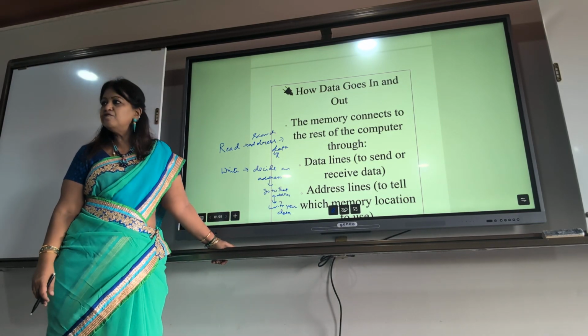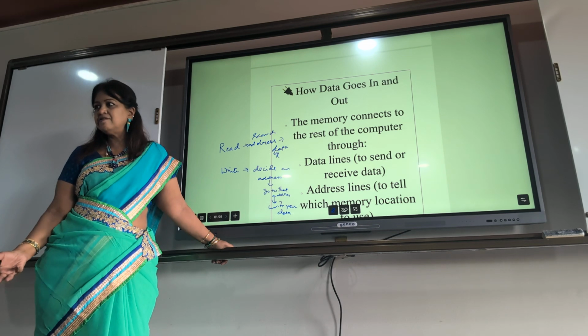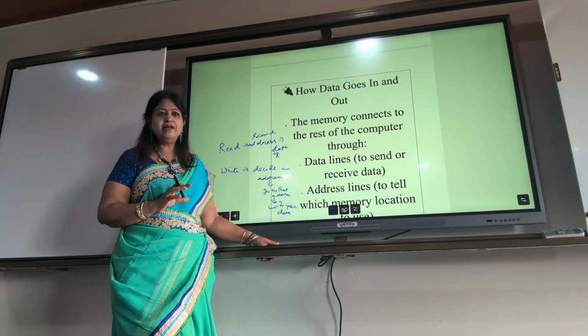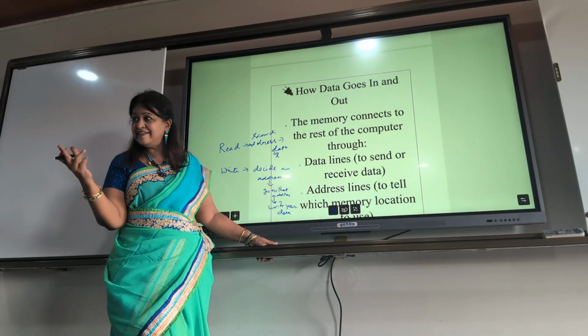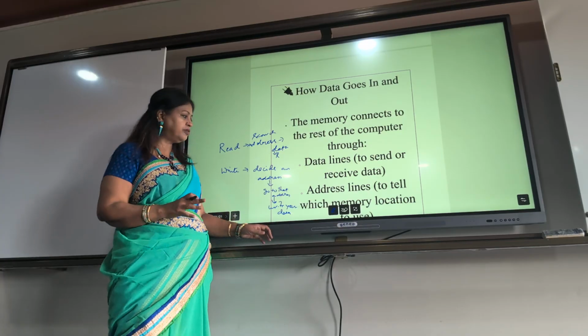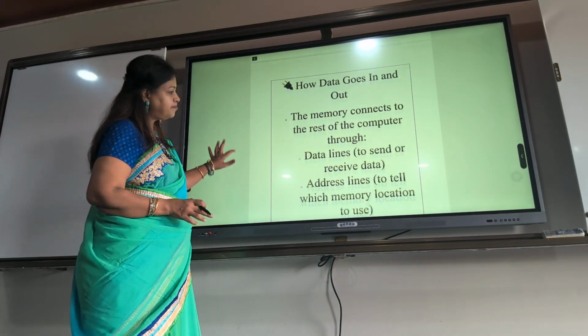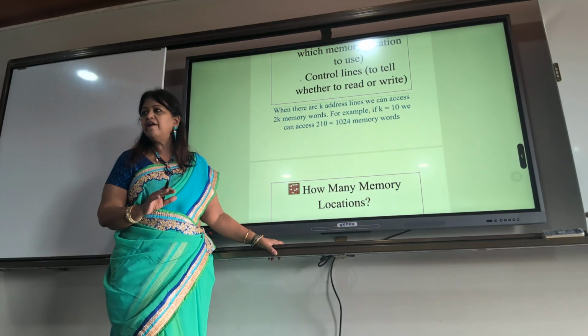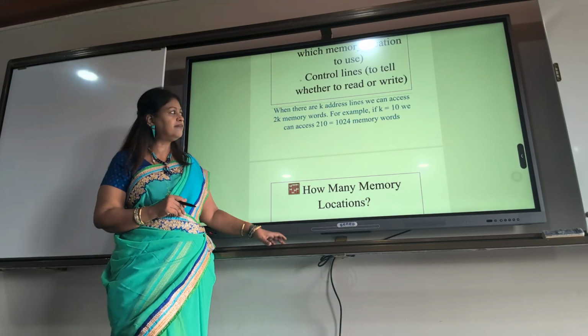When you are reading, it is already written, so you should search for that particular address only and you can take the data. When you are writing, you will decide the address where you have to store, then you will store the data. And control lines will help you to read or write. Whichever one you activate, that will be activated.